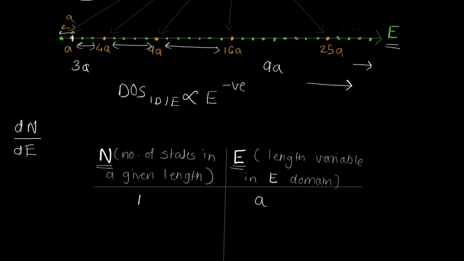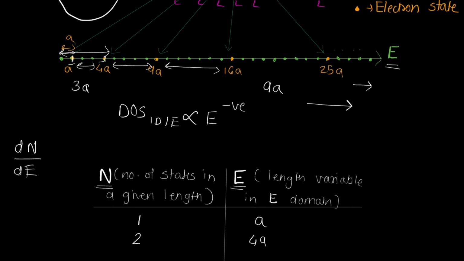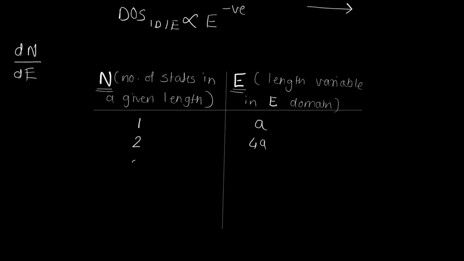When the length was increased to 4A, total number of states in this length became 2. So this one and this one. Now when my distance was increased to a value of 9A, then there were a total of 3 states in this distance.